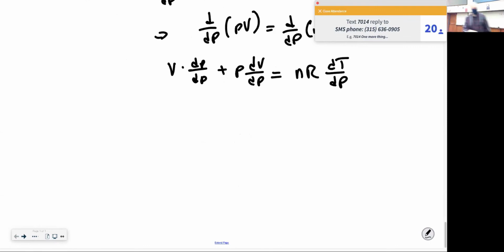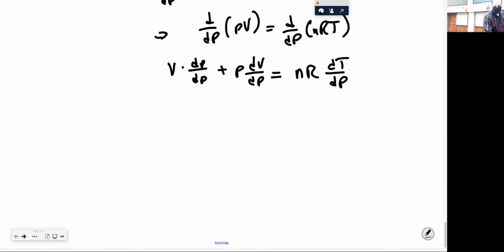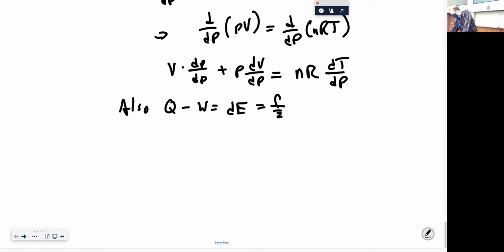All right, here we go. Also, we know that Q minus W is equal to dE internal, which is equal to f over 2 times nR dT.